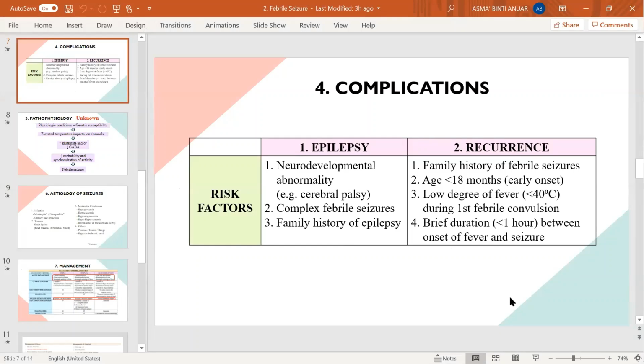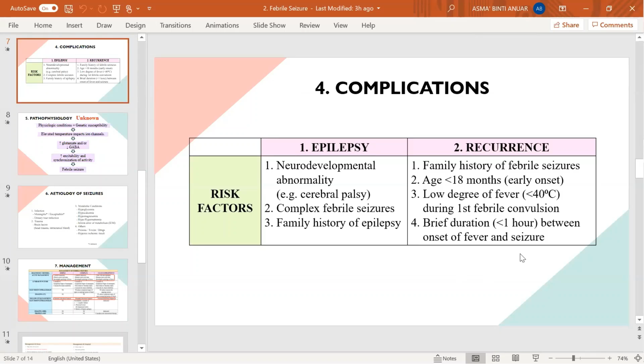Can you open the risk factor slides? Oh yes, this is the risk factor. Okay, see the risk factor of epilepsy.